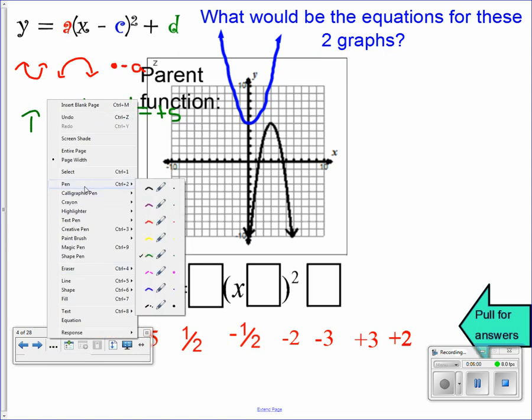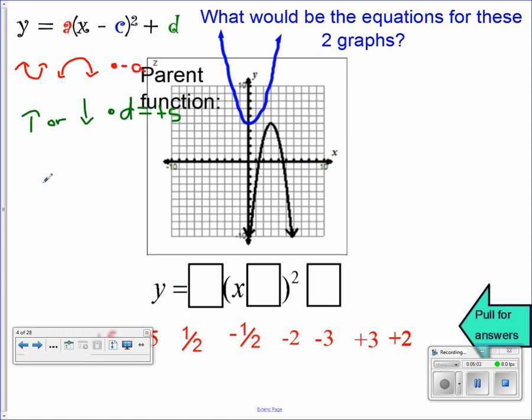Now let's look at if the graph shifted left or right. So we know we're looking now at the c value that we plug in to the formula right there. We moved up by 5. Now did we move left or right?